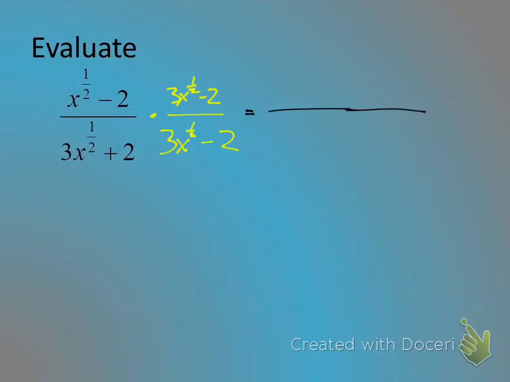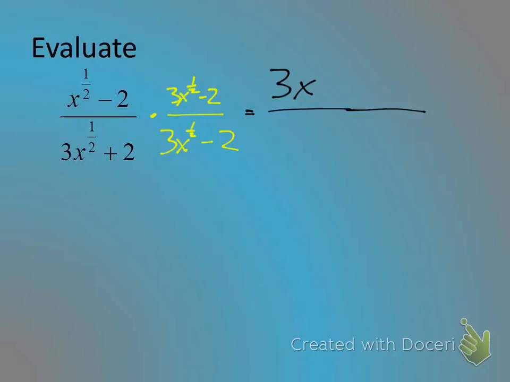You add them. So when we do our first FOIL up here, x to the 1/2 times 3x to the 1/2 on top, we're going to get 3x.